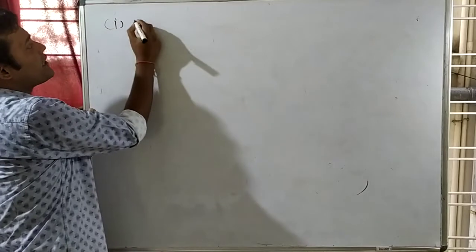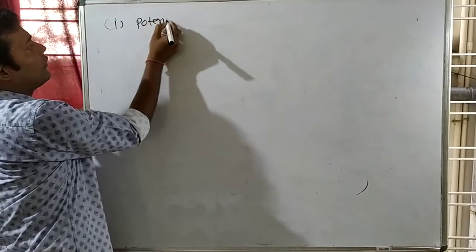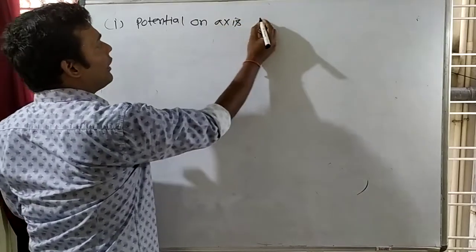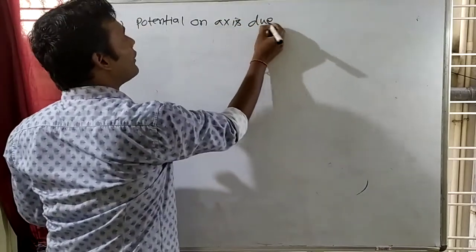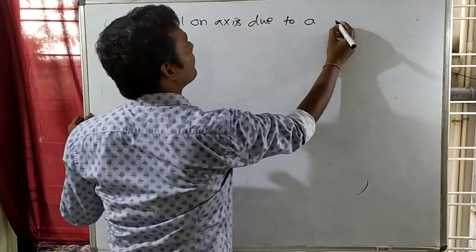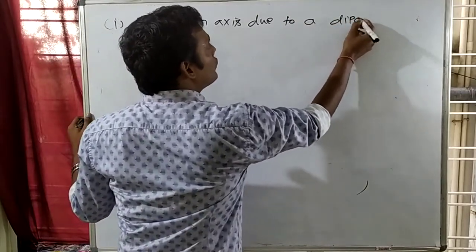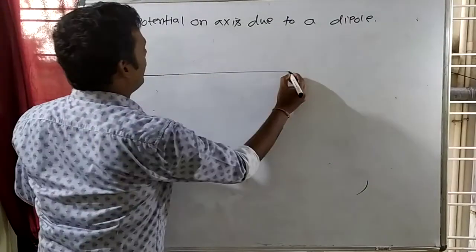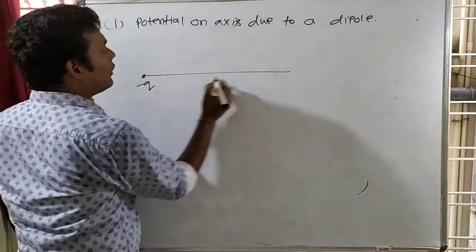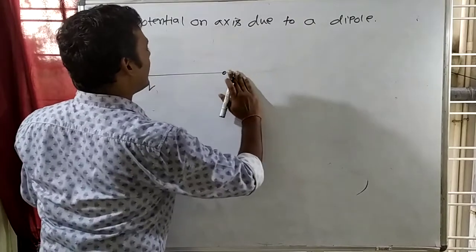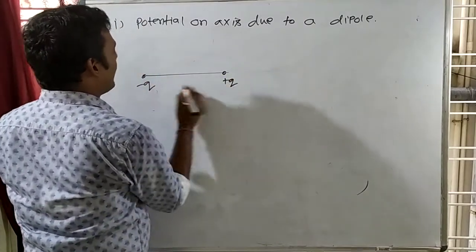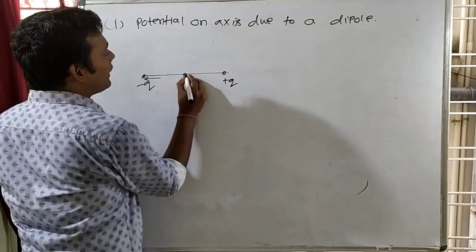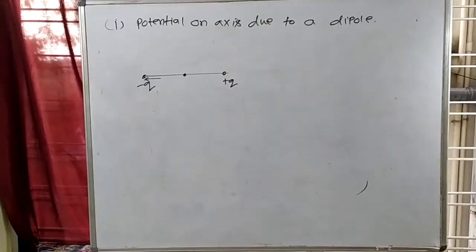See, first situation: potential on the axis of a dipole, on the axis due to a dipole. Try to understand this situation. Suppose this is minus q, this is plus q, and let's say the distance is A, this is the middle point.